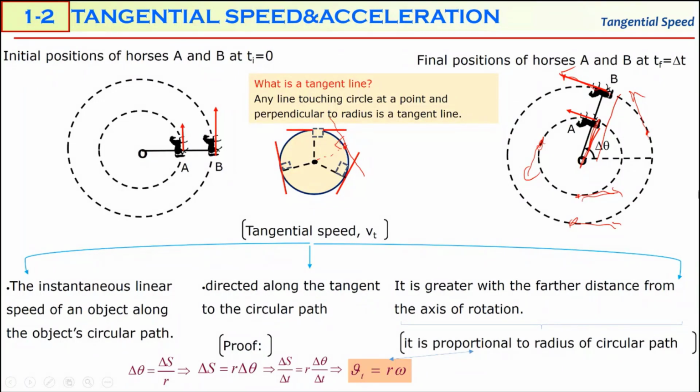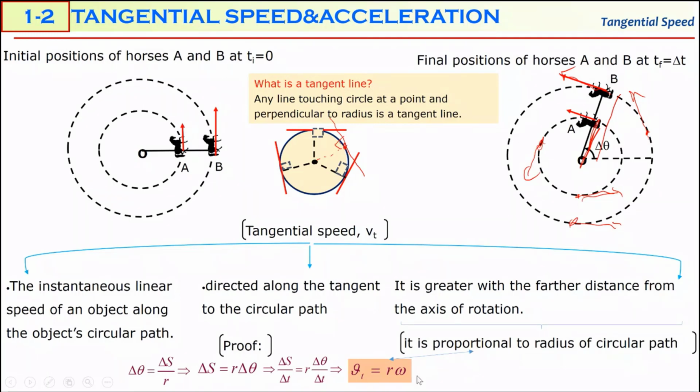It also says here, because these two horses have the same angular speeds, because it's a rigid object, the omegas are the same, but tangential speed changes according to radius. The horse which is closer has a smaller radius, of course, smaller tangential speed. The horse on the outside has a greater radius, that's why it has a greater tangential speed. The horse which is farther from the center of the circle will have a greater tangential speed, because the radius of the circle for this horse will be greater than the one which is inside.